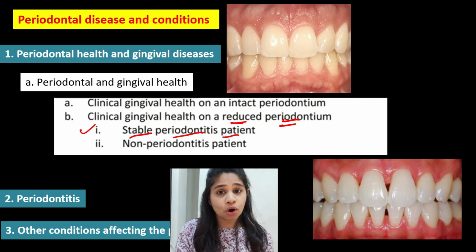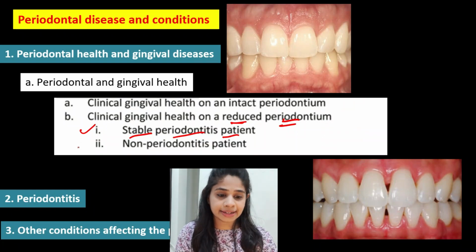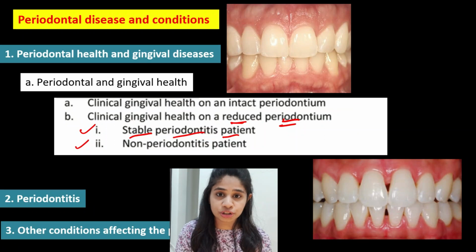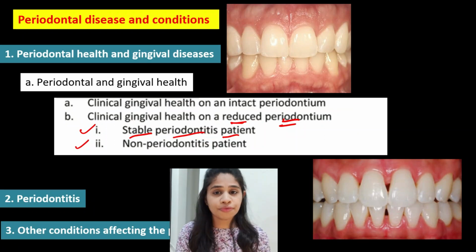A patient who has already been treated, and when they come back for a recall they are maintaining their periodontium, we term as a stable periodontitis patient. The second category is the non-periodontitis patients. These are patients who have not been classified as periodontitis patients and who do not have the risk factors contributing to the occurrence of periodontitis.